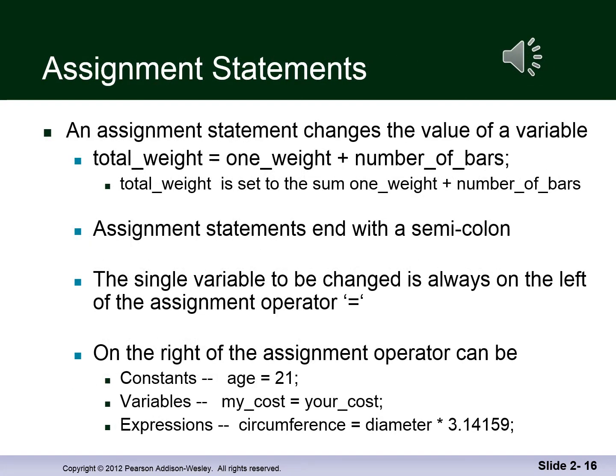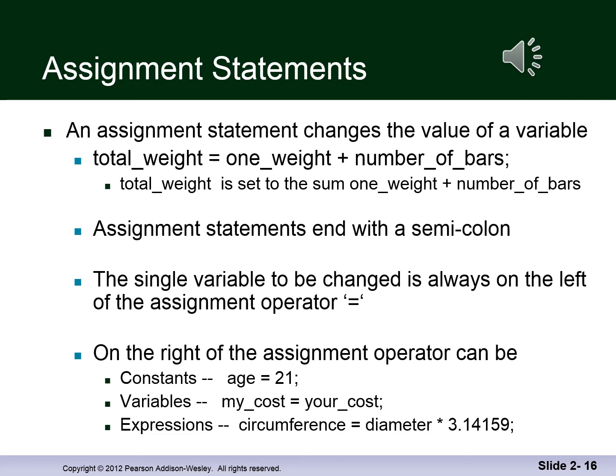An assignment statement allows you to change the value stored in a variable. An example of an assignment statement is total weight equals one weight plus number of bars, semicolon. Let's dissect this. We're assigning the result of adding the value stored in one weight plus the value stored in number of bars.